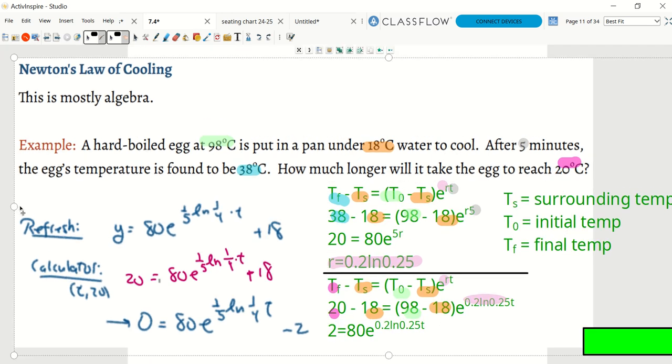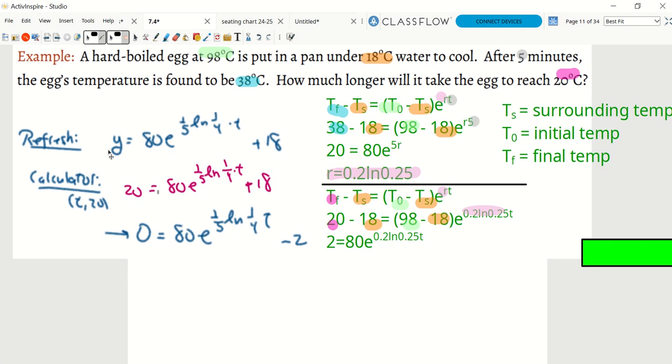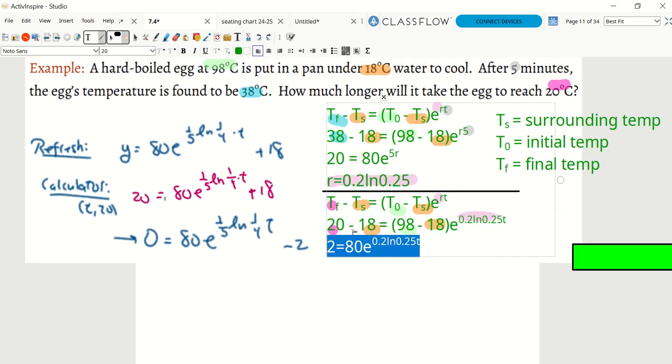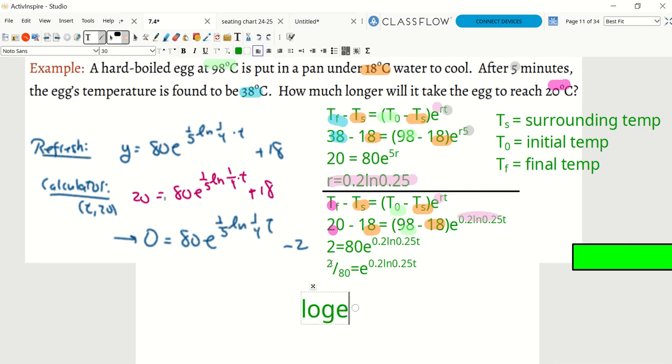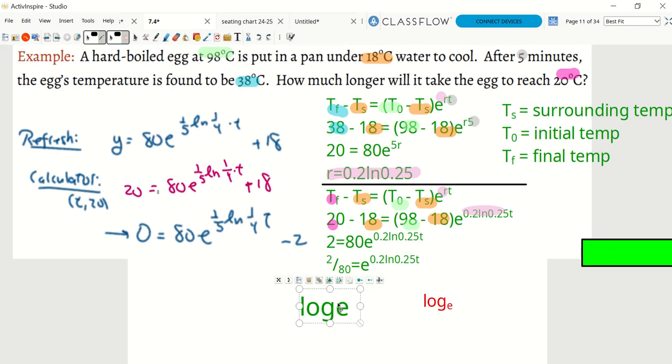Here, let's move this up. Boom. Okay? Here, 2 over 80. Okay, log up both sides, log base e, boom, tilt it.